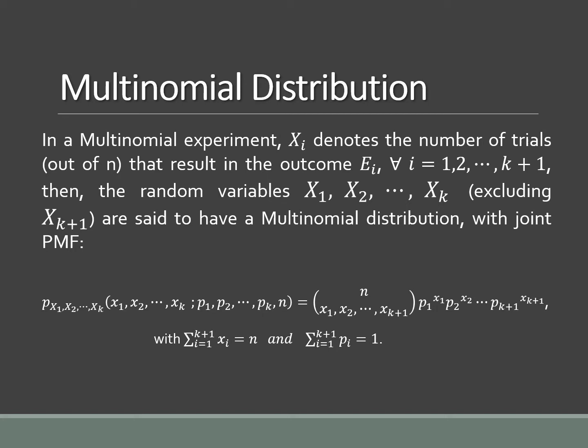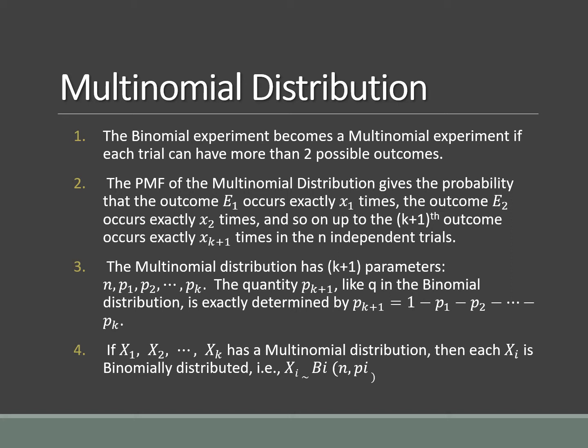Of course, the total number of results should be equal to the total number of trials. And the sum of each of the p sub i's should be equal to 1, since it is still by definition of probability. If there are k plus 1 number of outcomes, then they must share the entire probability space within the p sub i's. So the sum of the p sub i's should be equal to 1, since it is impossible that you would not land on at least one of these outcomes.